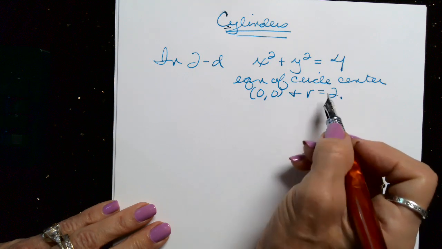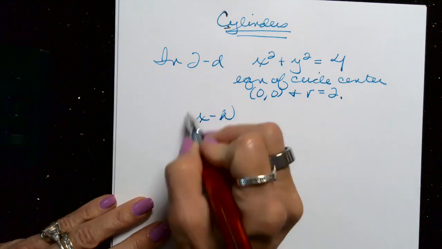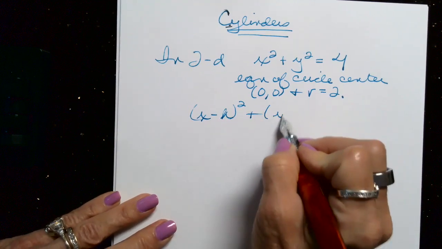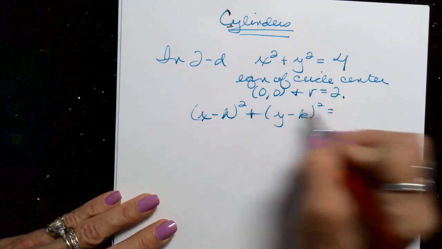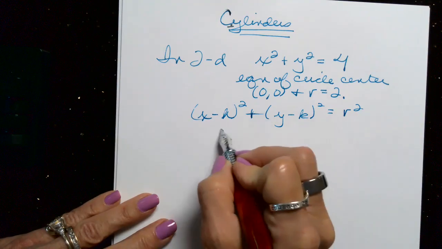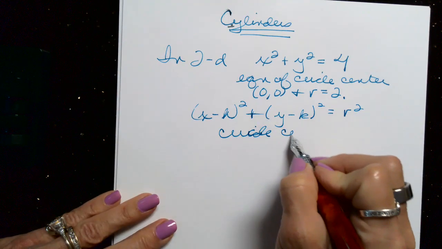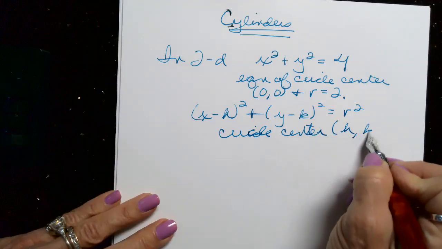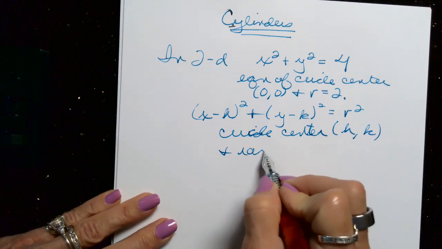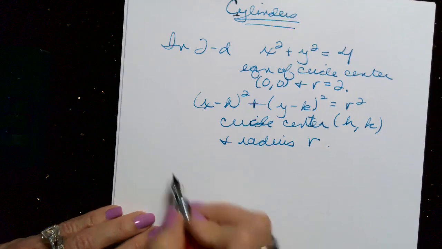And you could move it around a little bit by looking at x minus h quantity squared plus y minus k quantity squared equals r squared. This is a circle with center (h, k) and radius r, okay? And now we're going to 3D.